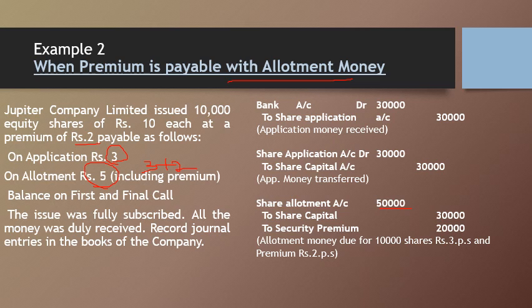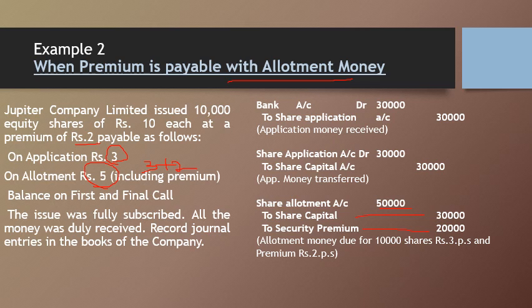So 3 into 10,000, 30,000 is payable towards the allotment money. That amount will be transferred to the share capital, and the remaining 2 into 10,000 is the security premium. That amount will be transferred to the security premium account.